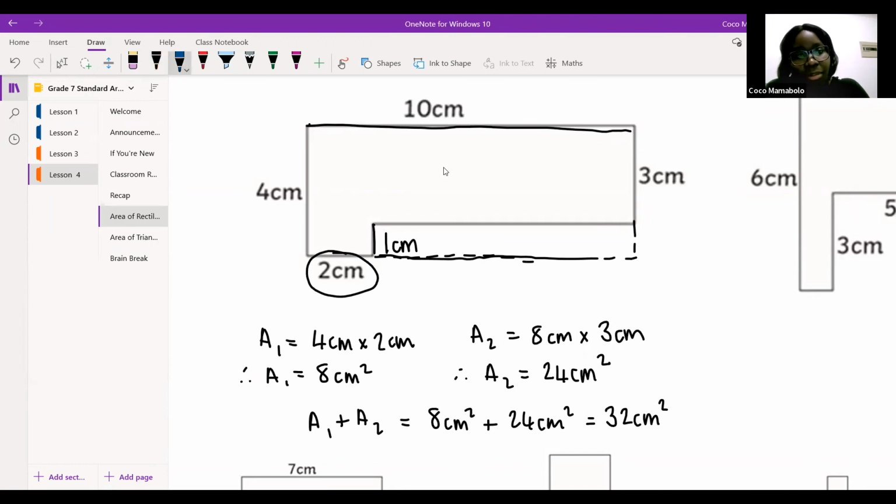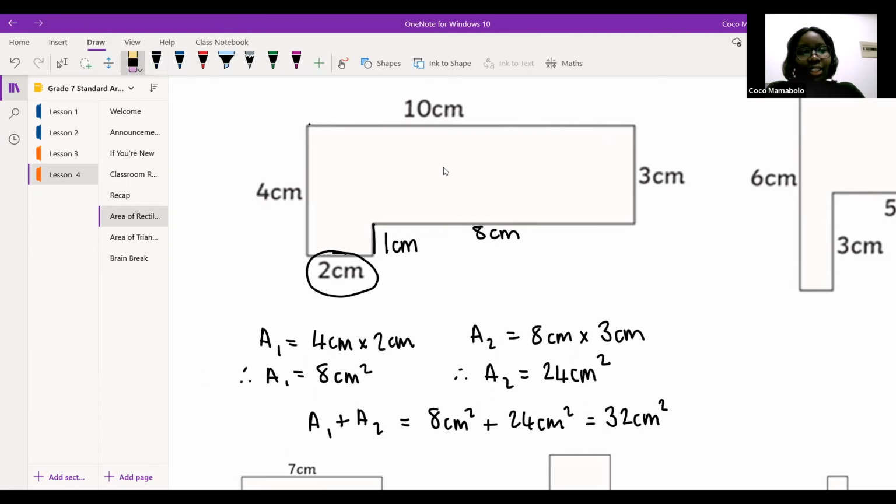How much is actually missing over here? It's 8 centimeters. Good, it's 8 centimeters. But my 8 centimeters is not here because that's an imaginary line on my rectangle. My 8 centimeters is actually over here. 8 centimeters. Do you see where I got it? Yes, ma'am. Okay, are we on the same page now? Yes, ma'am. Alright. Thank you.